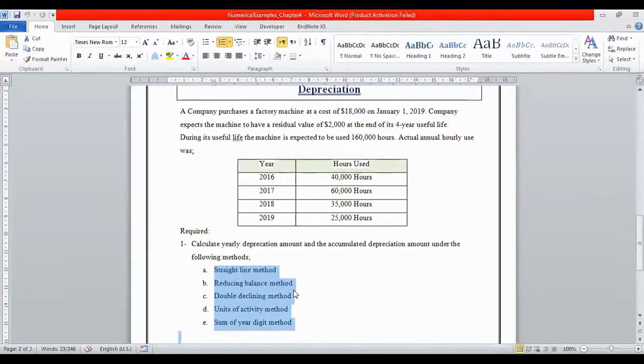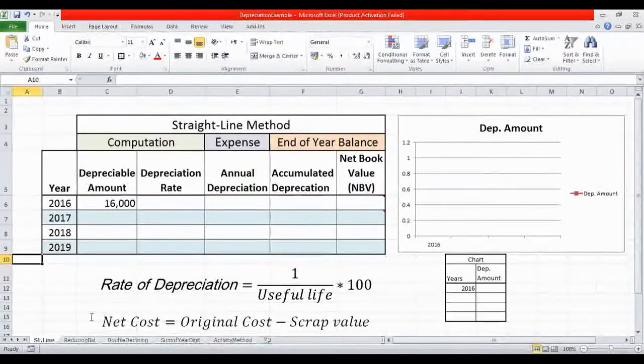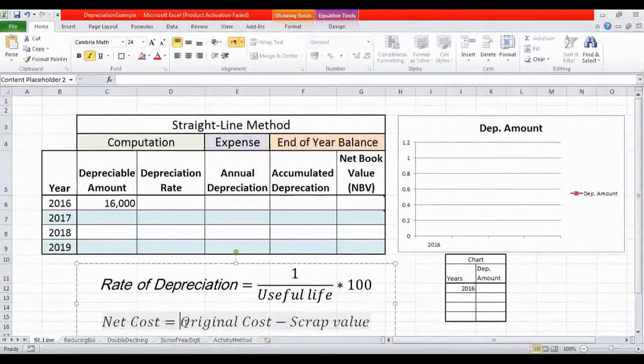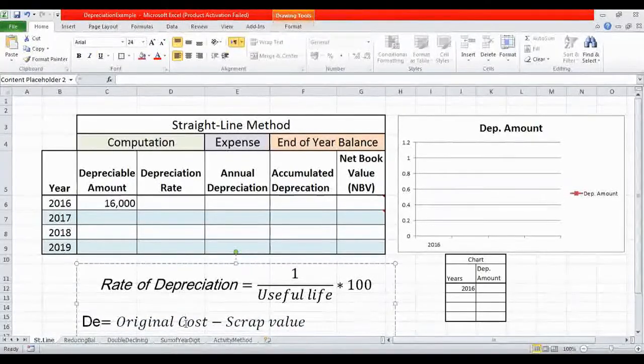Let's do this example on the Excel sheet. First of all, the straight line method. In this method, first we need to calculate the depreciable amount, which is the cost minus the scrap value.